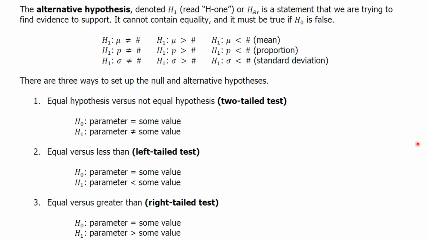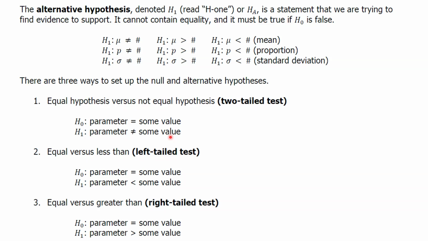So there are 3 ways to set up the null and alternative hypothesis. The first one is equal hypothesis versus not equal hypothesis, which is a 2-tailed test. Here, our H naught has a parameter equal to some value, and our H1, our alternative hypothesis, has a parameter not equal to some value.